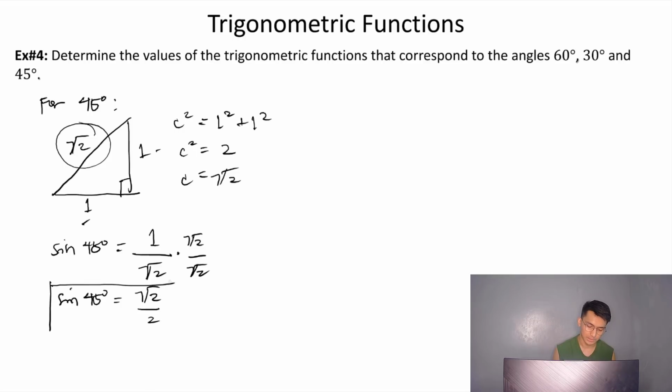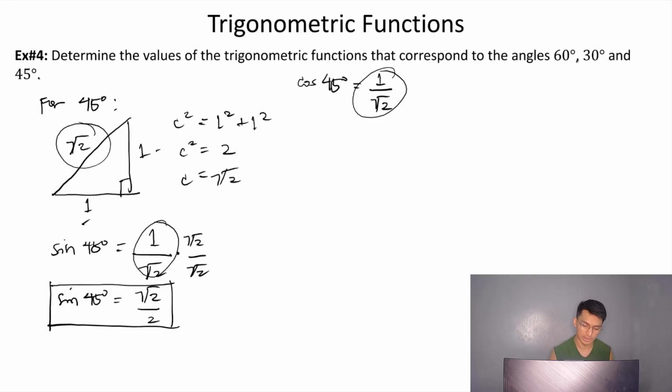This is sine 45 degrees. For cosine 45 degrees. Ang ating answer, we have adjacent over hypotenuse, 1 over square root of 2. Now, kung mapapansin natin, pareho lang sila ng sine 45. So, ang ilagay na lang din natin dito is square root of 2 over 2.